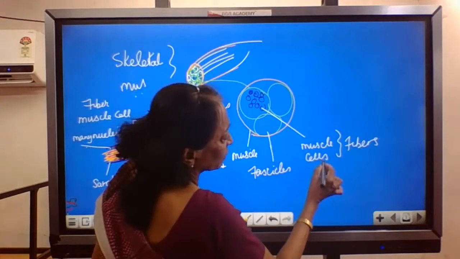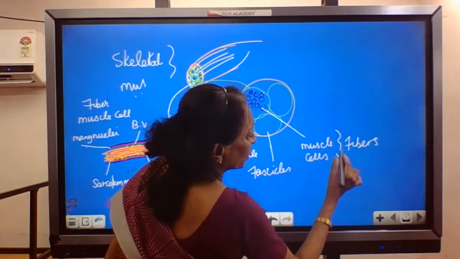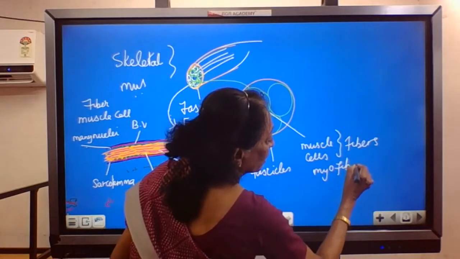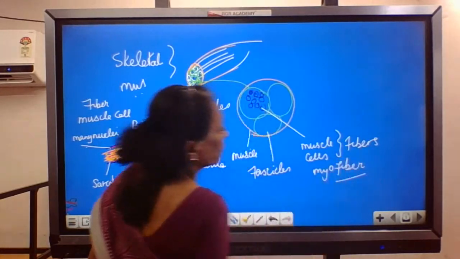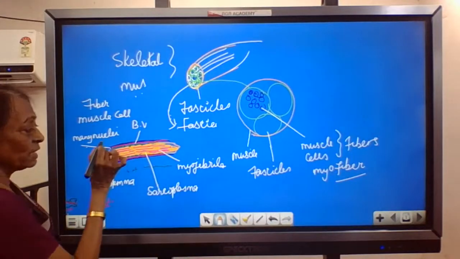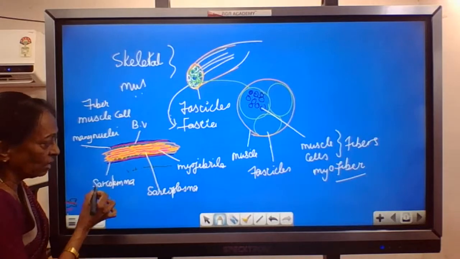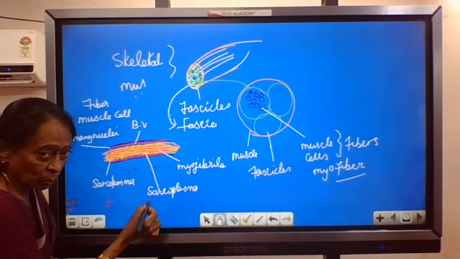Each fascicle has muscle cells. Muscle cells are called myofibers. Myofiber is different from myofibrils. Each muscle fiber is a single cell. The muscle fiber has a plasma membrane called the sarcolemma. It has a cytoplasm called the sarcoplasm.